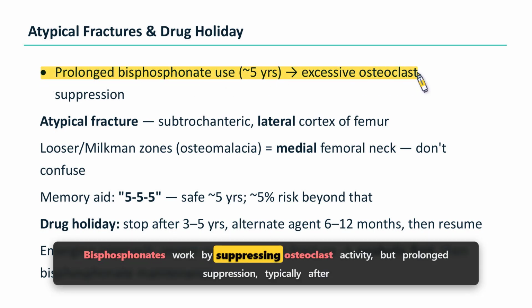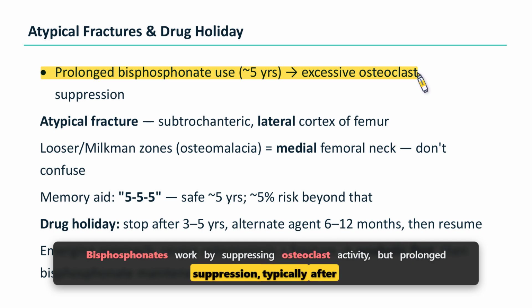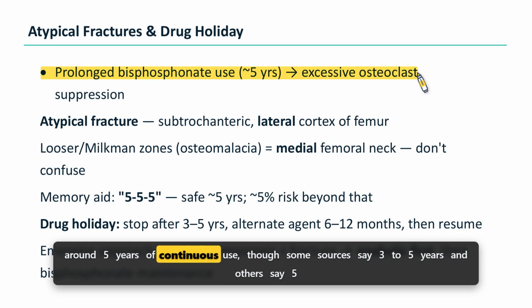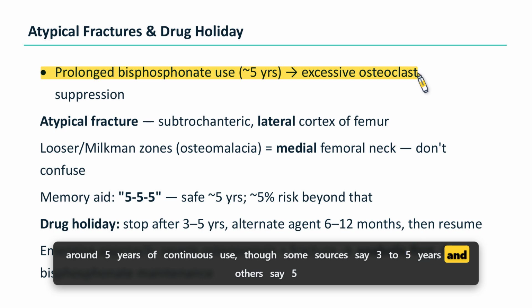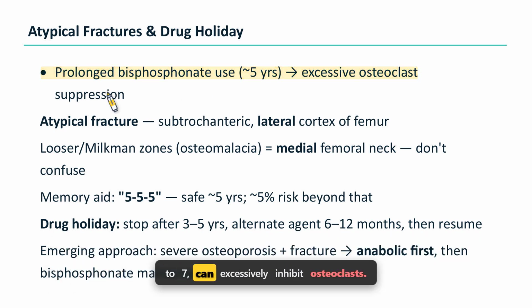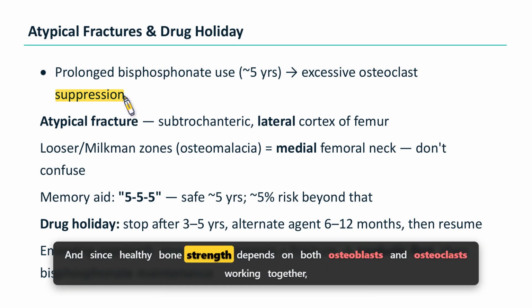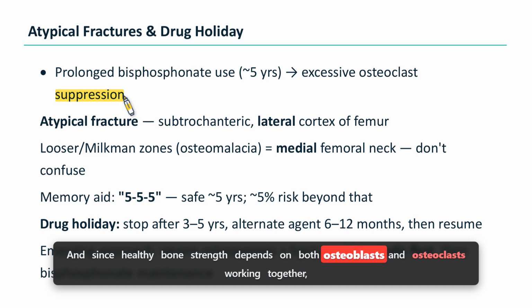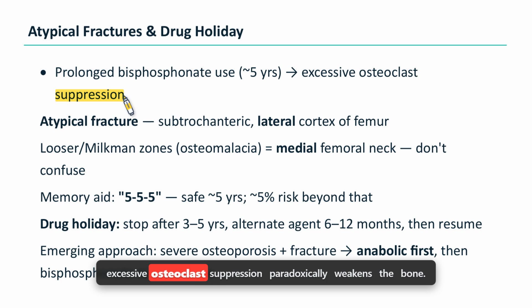Bisphosphonates work by suppressing osteoclast activity, but prolonged suppression, typically after around 5 years of continuous use, though some sources say 3 to 5 years and others say 5 to 7, can excessively inhibit osteoclasts. And since healthy bone strength depends on both osteoblasts and osteoclasts working together, excessive osteoclast suppression paradoxically weakens the bone.